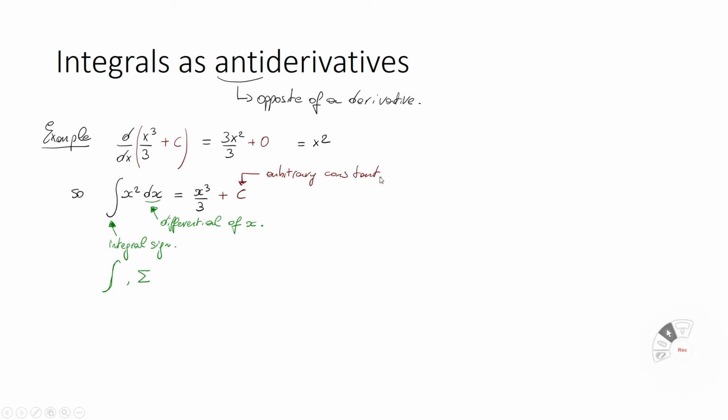And in this way we obtain what we call the indefinite integral. And so if you know how to compute derivatives, you can compute integrals. And that means that we get a lot of integrals for free.